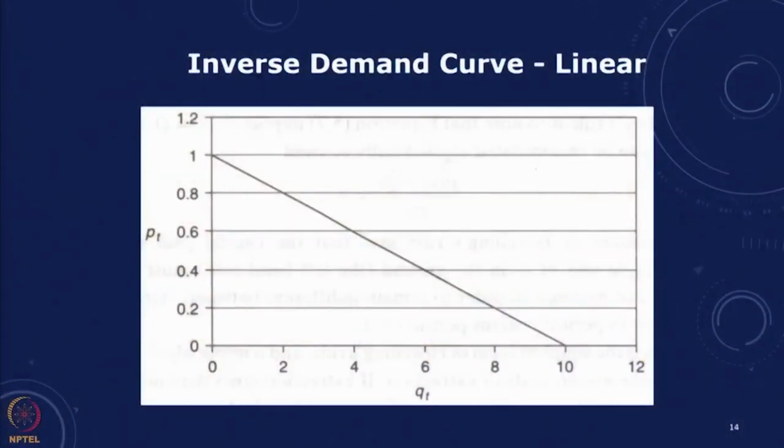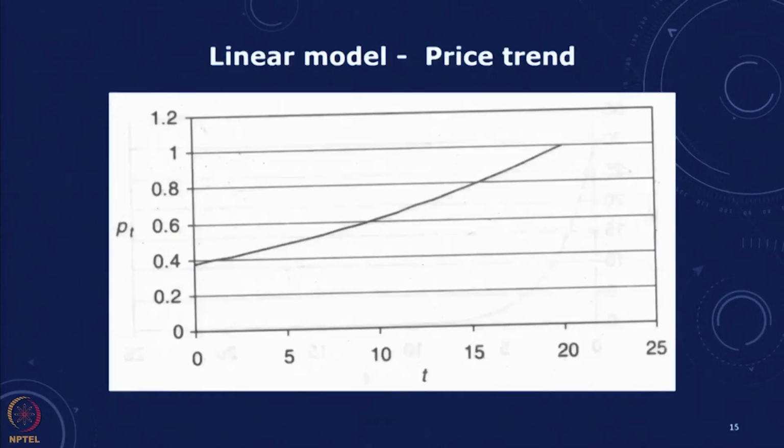So, we know pt as a function of t and we know qt as a function of t. And if you just see for a linear model, this is an example from Conrad's book on resource economics, and we will also solve one particular example with some values, so that we can make our own calculations. This is a linear inverse demand curve, and corresponding to this you see that the price starts from a certain value, and the price as a function of time increases at the discount rate.